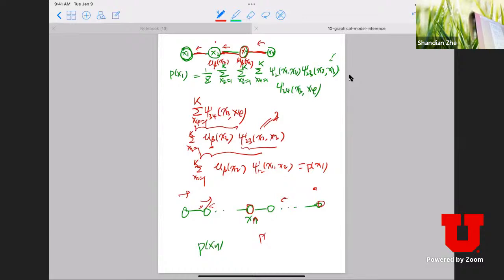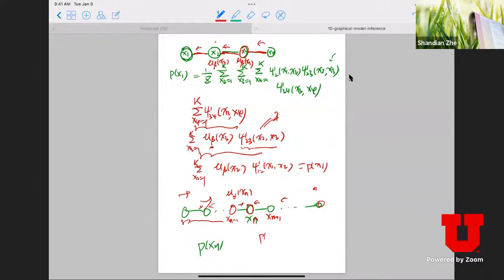Yes. For example, this is xn minus 1, and this is xn plus 1. We know there are going to be two messages: one is the forward message, one is the backward message. The forward message just means I summarize the product of the potential functions all the way up to xn.